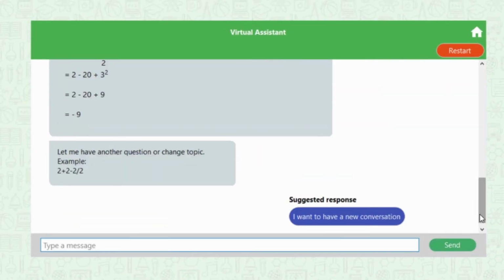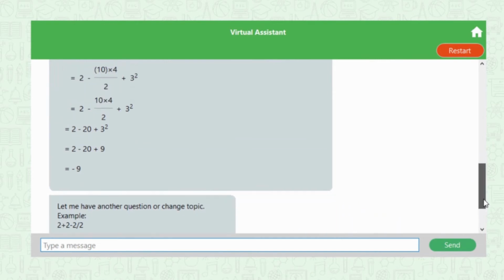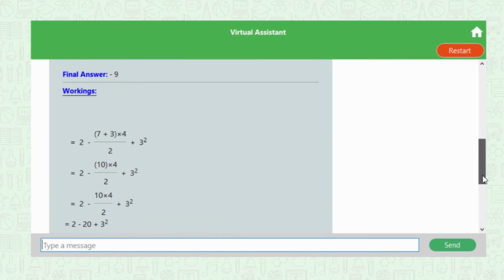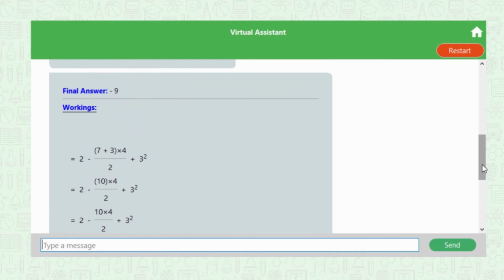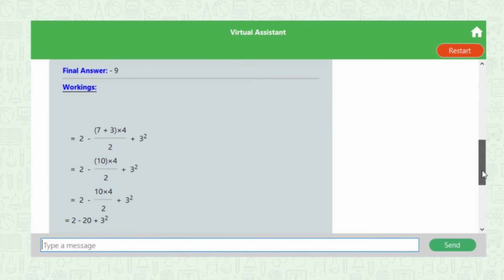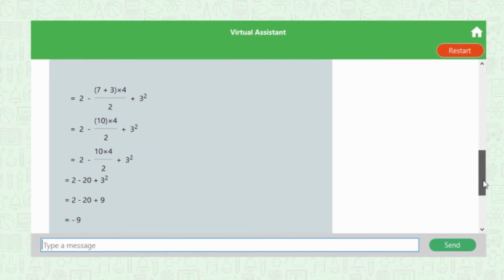From the solution, you can see that the bracket is first solved, followed by exponential, division, addition, and finally subtraction.